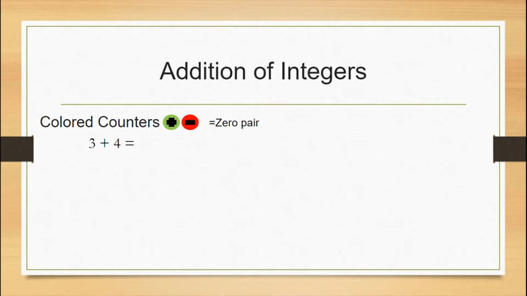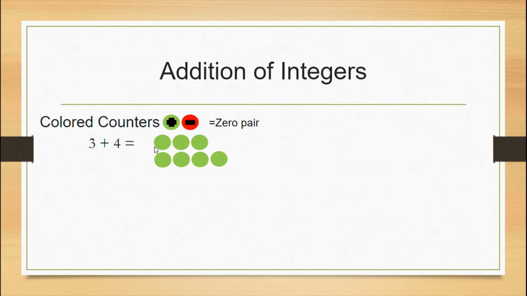So we have here positive 3. Since 3 is positive, I'm going to use 3 green counters. I'm going to add it with positive 4, so I'm going to add 4 green counters. Going back to our instruction, we will have a zero pair only if we have red counters.